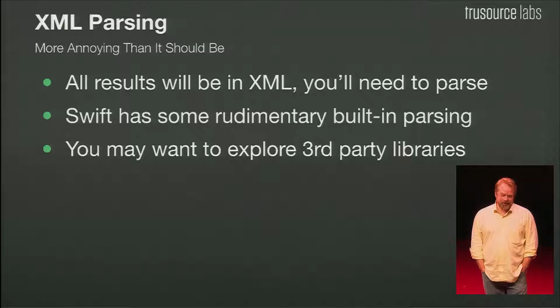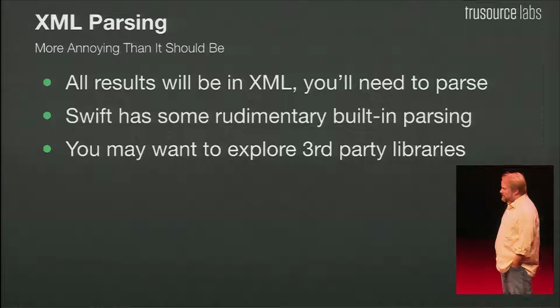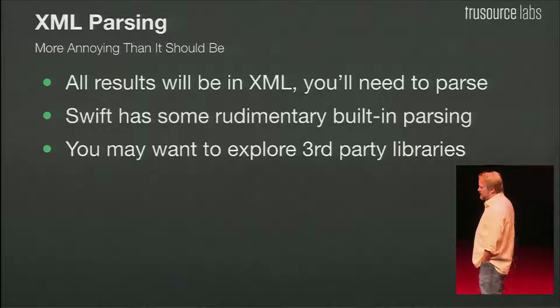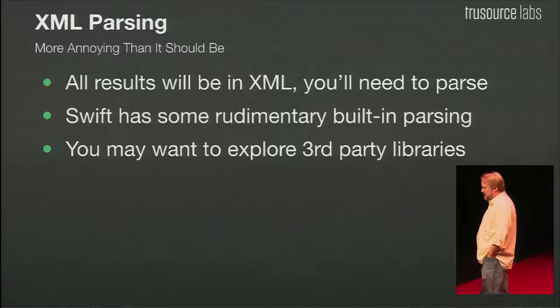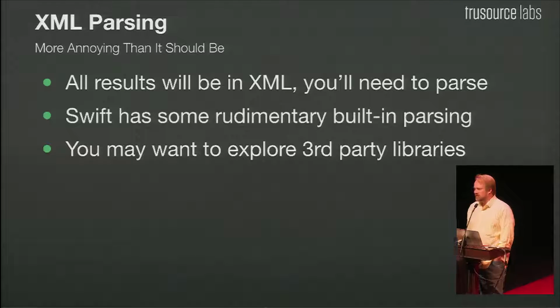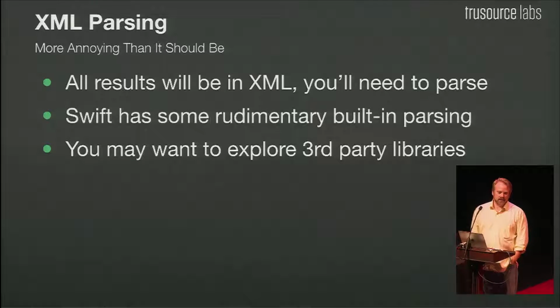I was there. Swift has XML parsing. It'll make your head hurt. If you look online, you'll find about 3,000 different libraries and other places that will parse XML for you. All right? So please look into one of those.